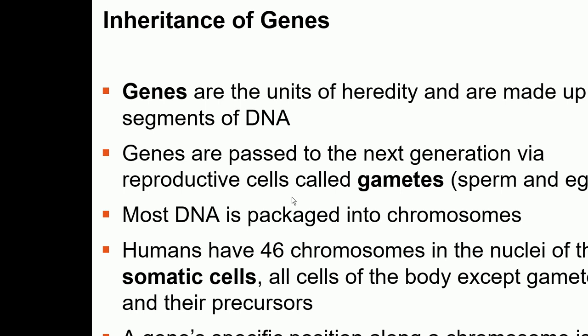That's what we are going to learn in this chapter: what events take place during this process that result in the formation of haploid cells from the diploid cells. So there is a reduction in the number of chromosomes. And the second very important thing is that all the sex cells, all the gametes formed by meiosis, are unique.